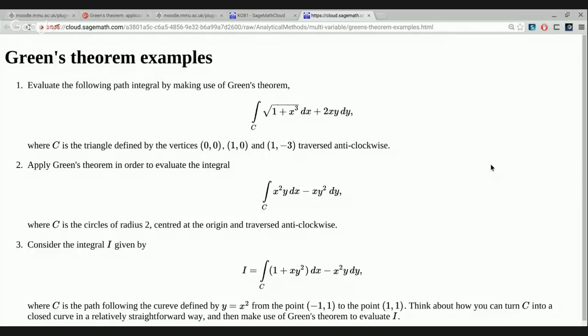D prime is the curve which goes along y equals 1 from x equals plus 1 to minus 1. So it's that straight line portion at the top. So this curve D is C plus D prime.